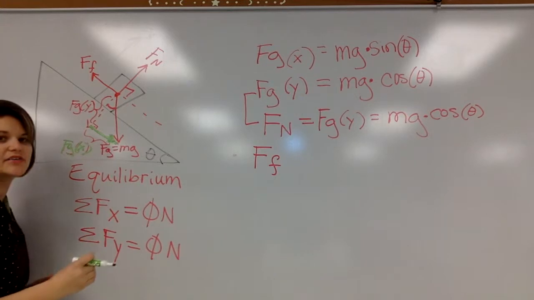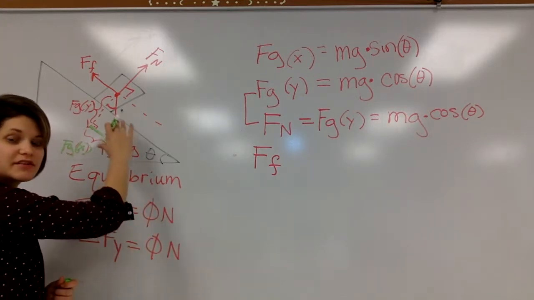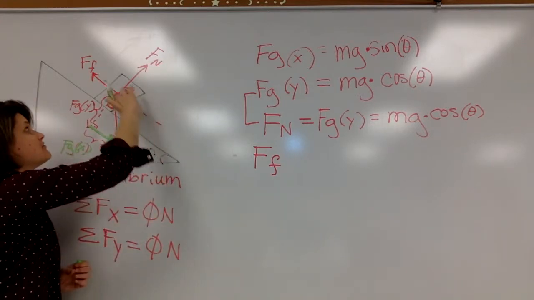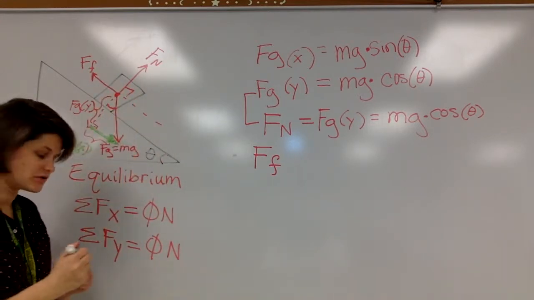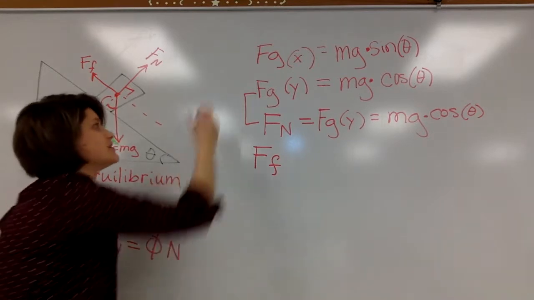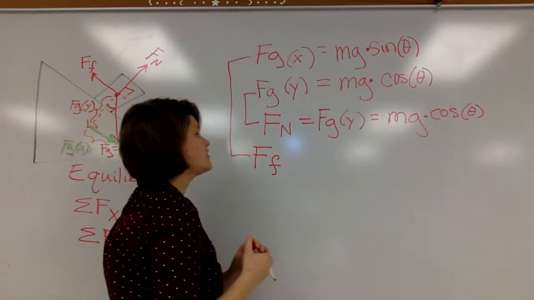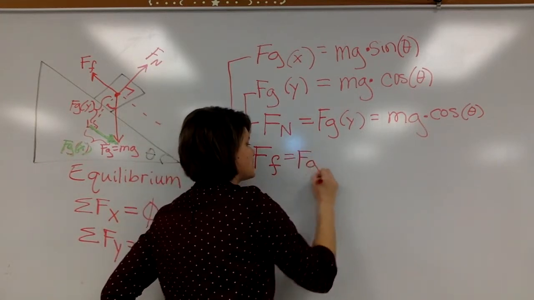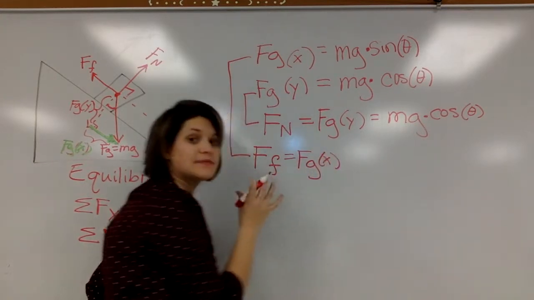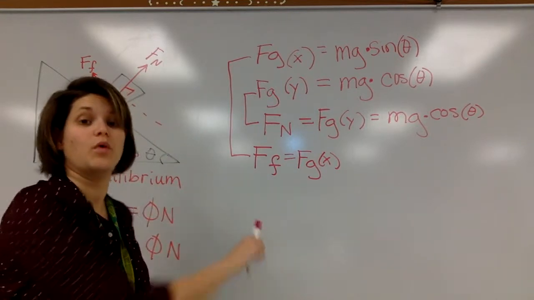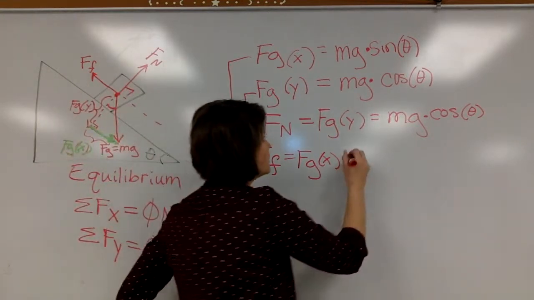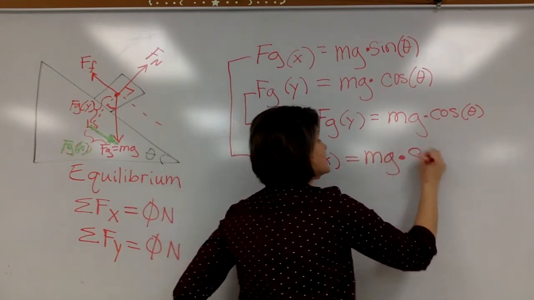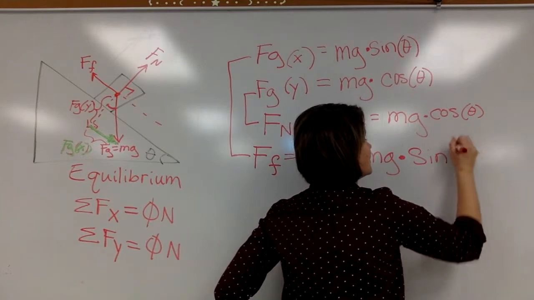If this object is either at rest on the surface or it is moving with a constant velocity, then these forces are balanced and they're going to be equal to each other, which means that these are buddies. So force of friction is going to be Fg of x, same size, just opposite directions, one up and one down. And that's going to be mg times sine of theta.